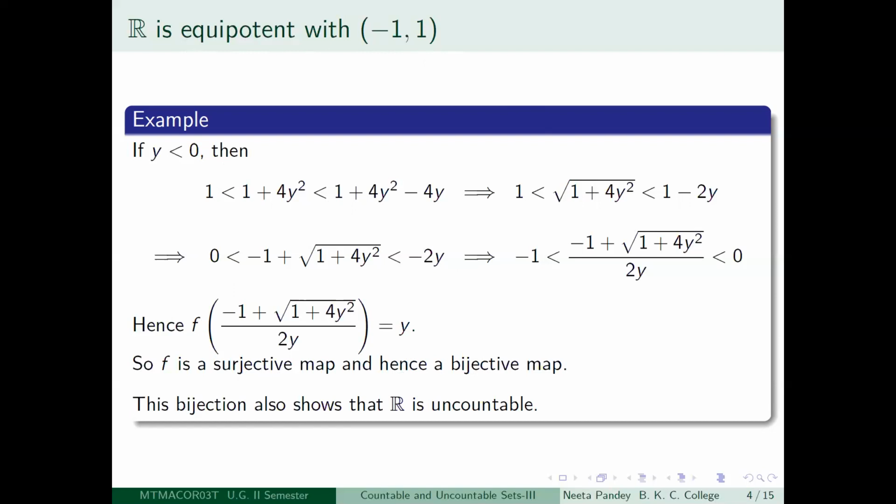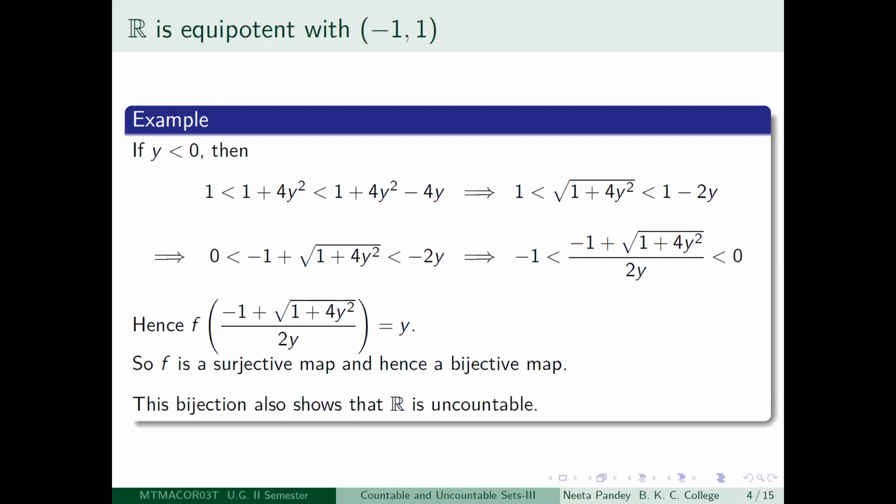In fact, I have just made an observation that this also could have worked as a proof. That is, if you assume that your open interval minus 1 to 1 is uncountable, and then you show that there is this bijective map, that would automatically imply that R is uncountable.